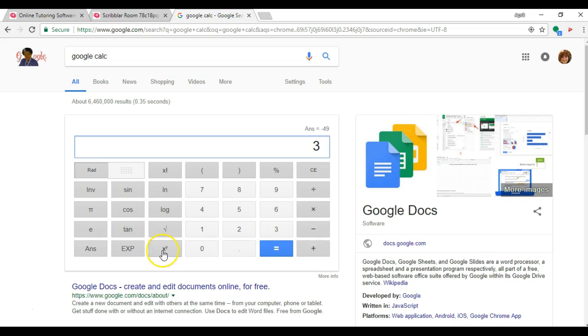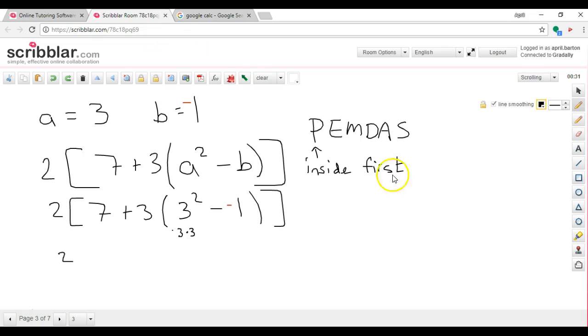This one has an XY button. The Google calculator, when you click it, puts it in the exponent spot, above for you. Some calculators will have a button that looks like this. It's called the caret key. 3 caret key 2 will also use an exponent for you.